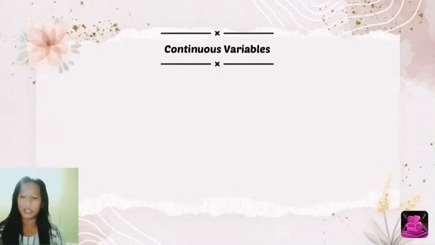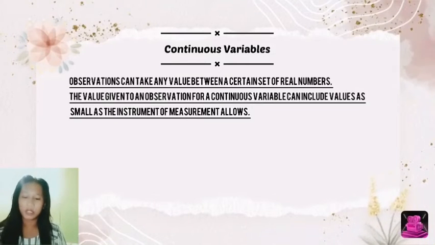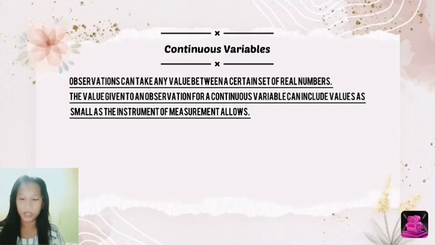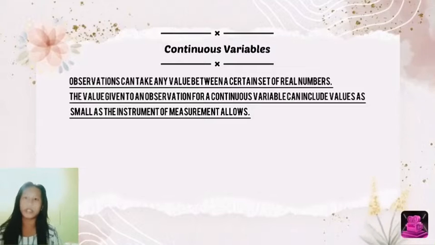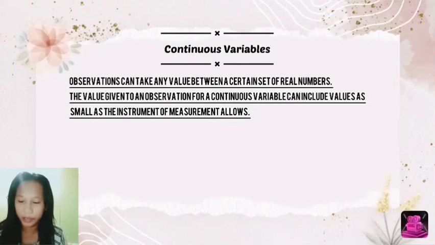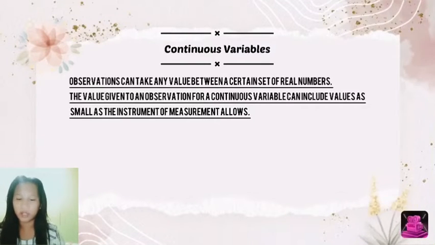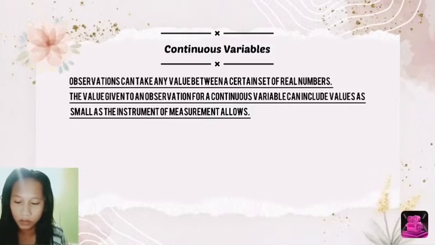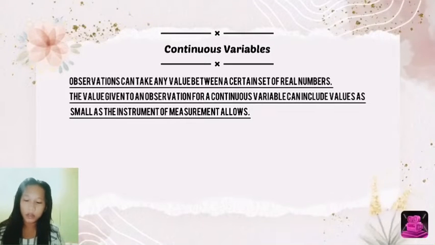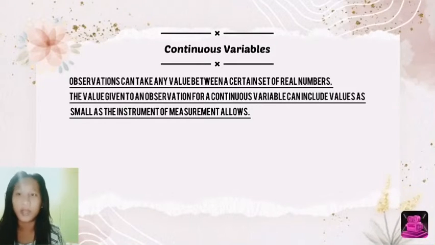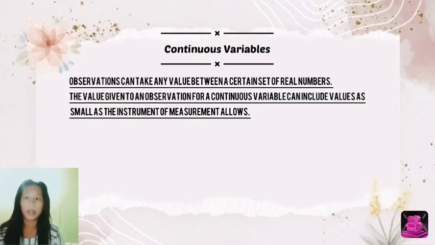Continuous variables. For a continuous variable, an observation can take any value between a certain set of real numbers. The value given to an observation for a continuous variable can include values as precise as the instrument of measurement allows.